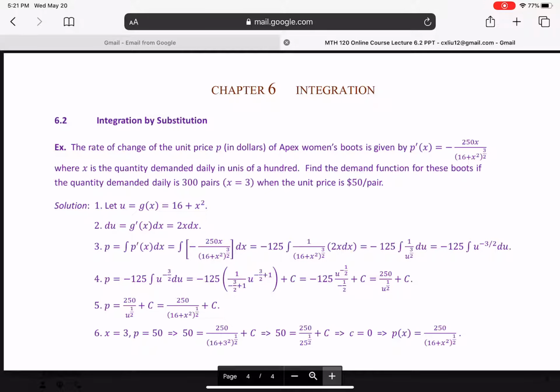Then we just integrate p prime to get p, so that will be negative 125 times the integral of 1 over (16 plus x squared) to the 3 halves times 2x dx.